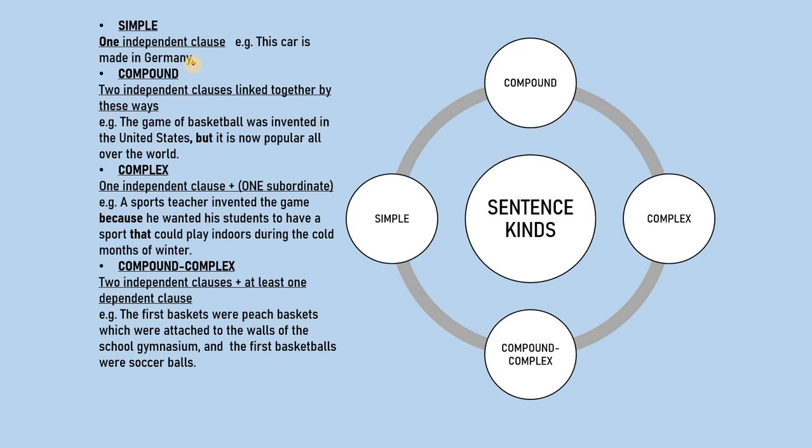These conjunctions link the independent clauses in the compound sentence. There are normally 7 main coordinating conjunctions, and we call them fanboys: for, and, nor, but, or, yet, and so.